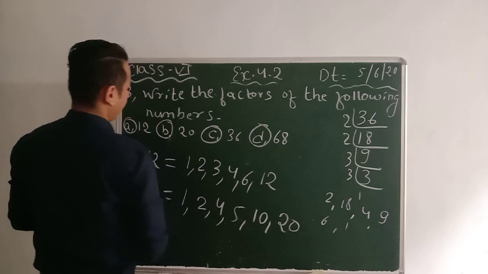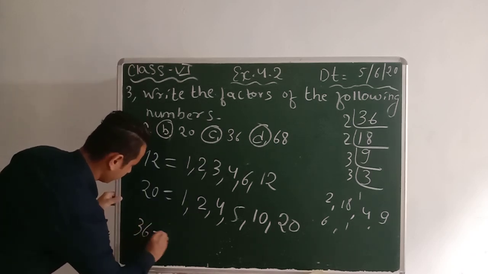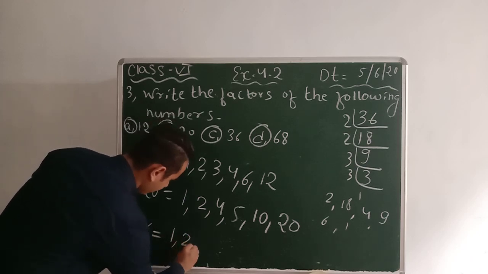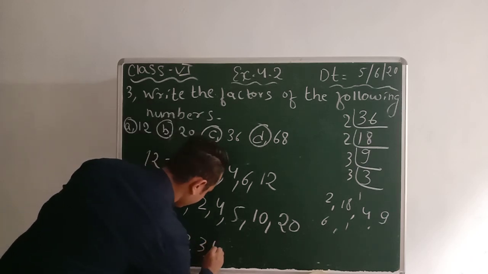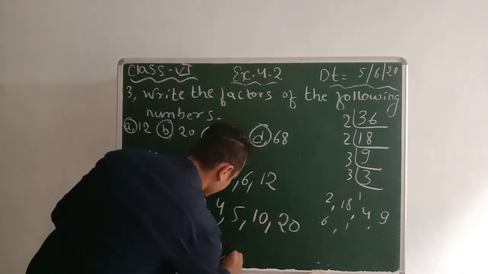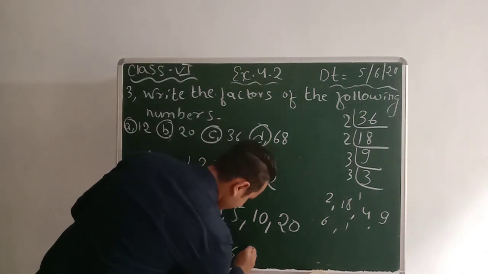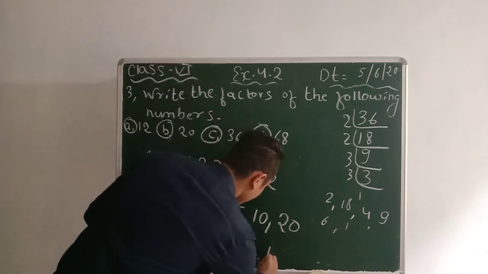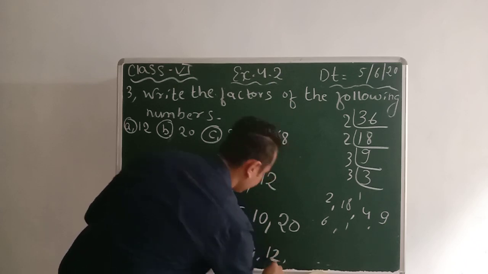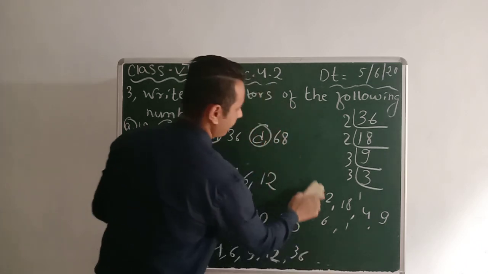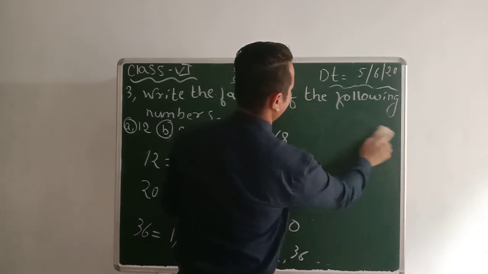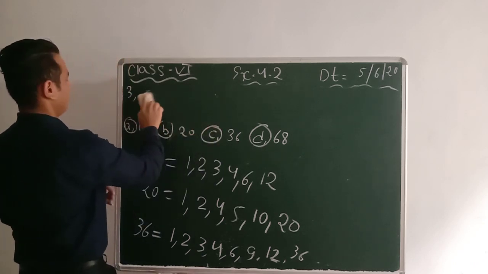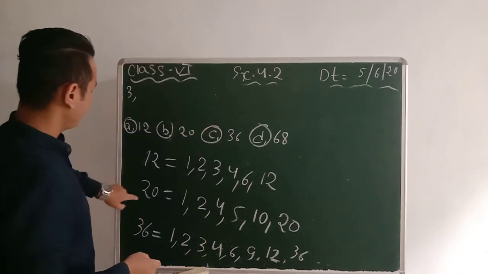That means factors of 36 are 1, 2, 3, 4, 6, 9, 12, 18 and 36. Okay, 12 done, 20 done, 36 done.